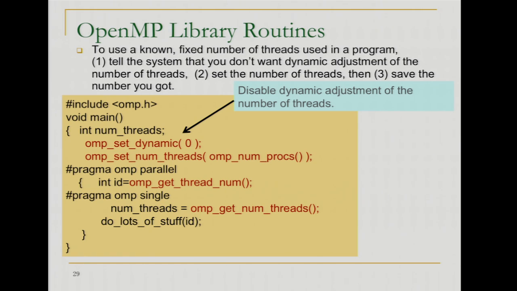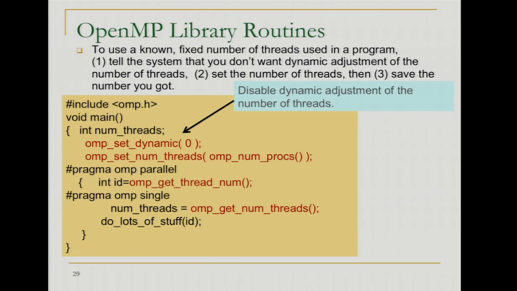Then it is quite possible that the system will, by default, want to reserve its right to adjust the threads to suit the resources, okay? Which means that the default could be that it can dynamically change the numbers of threads. If you don't want that, say so, all right? So set dynamic to 0.